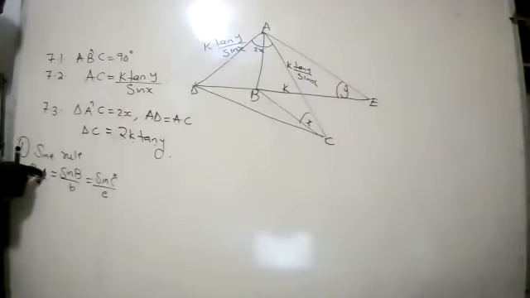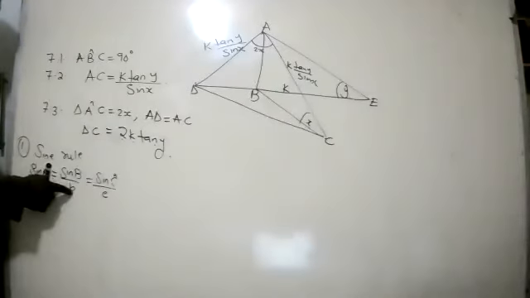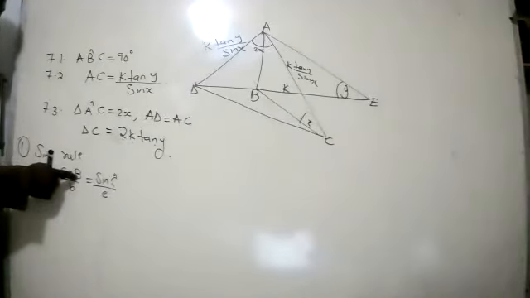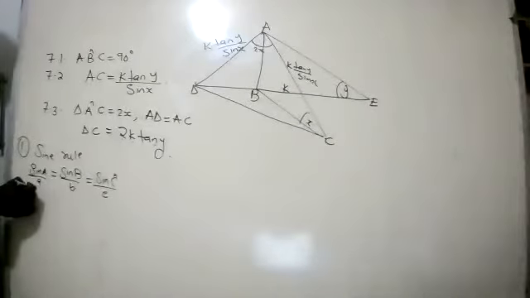So this a here is the side opposite to angle A, the b here is the side opposite to angle B, and so on.